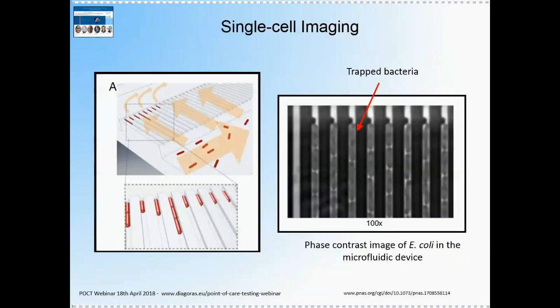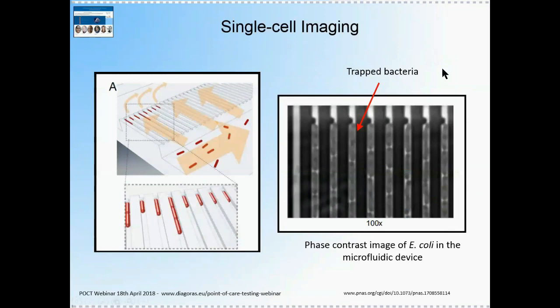Also, we have imaging. I was talking about culture. This is published in PNAS, and here they're developing a test for urinary tract infections and to look at antibiotic resistance. And what they do is, in urinary tract infections with lower concentrations of bacteria, they force the bacteria into channels, and maybe you can see the E. coli here.